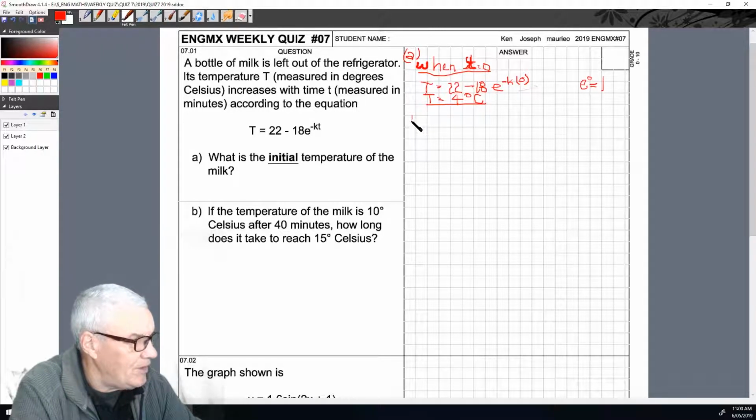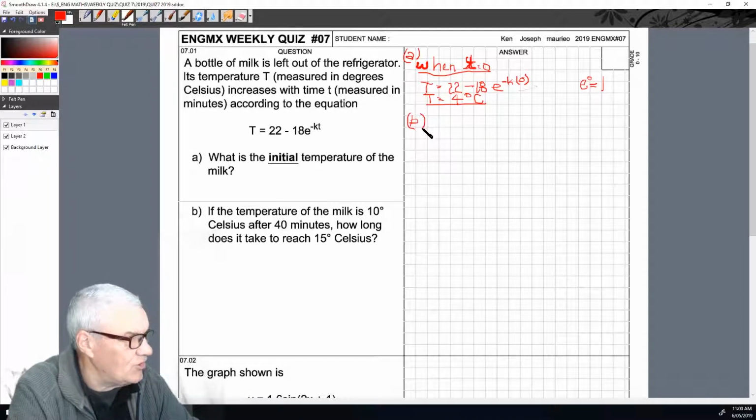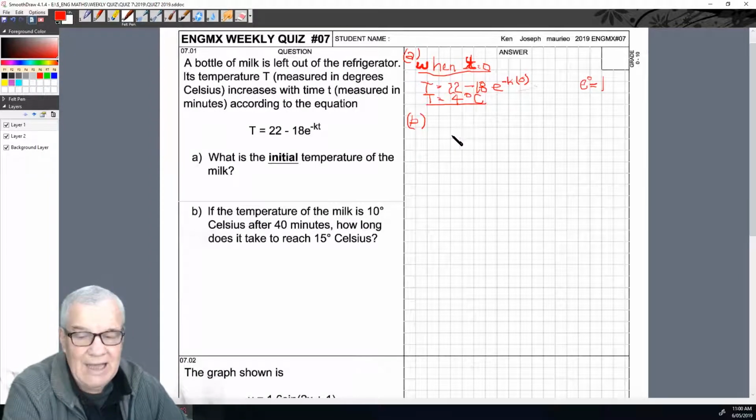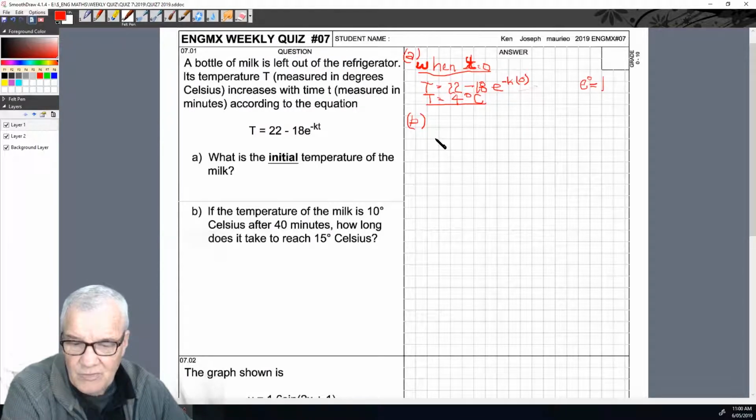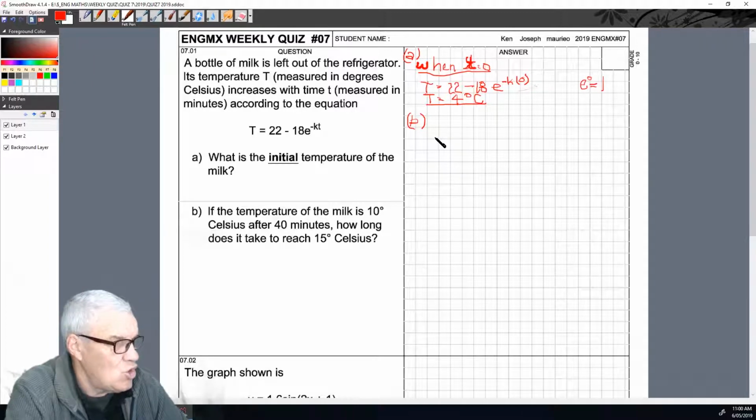Let's do part B. A plan of action is necessary here to do part B. So if the temperature of the milk is 10 degrees Celsius after 40 minutes, how long does it take to reach 15 degrees Celsius? Well, looking at that, we don't know what k is, but they've given us a little bit of information that would enable us to work it out.